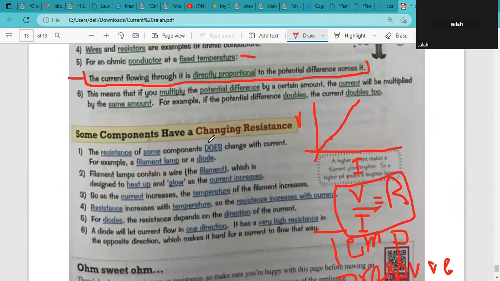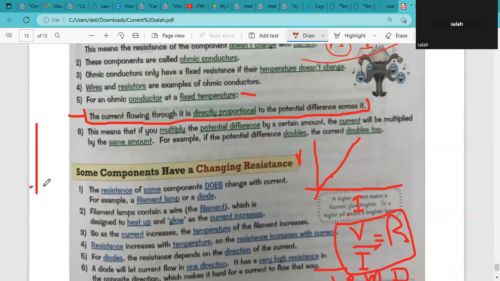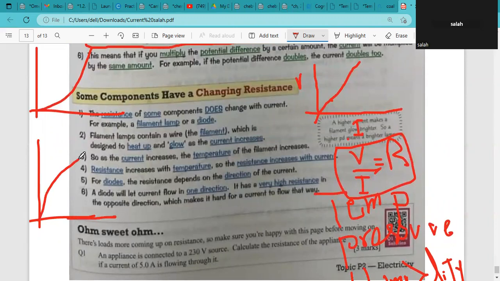So when we talk about non-ohmic devices, the voltage-current graph would look like this. Or something like any graph.